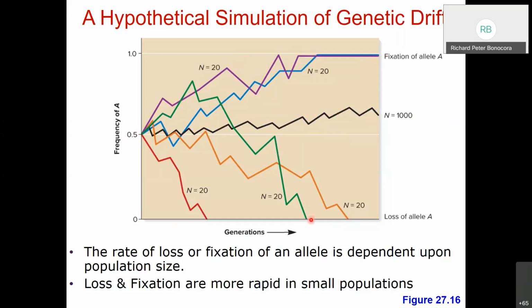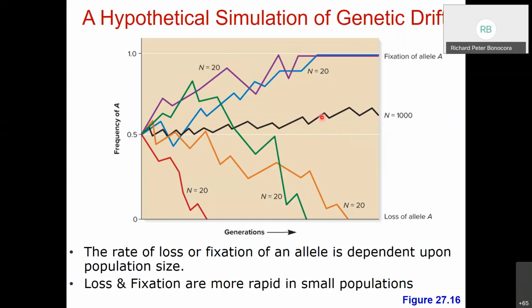So that's what happens with populations of small size. Different things can happen due to random events. When you look at the population that has 1,000 individuals, well, it'll go up and go down, go up and go down, but it's staying around the midpoint.